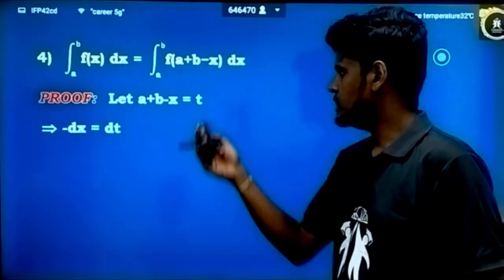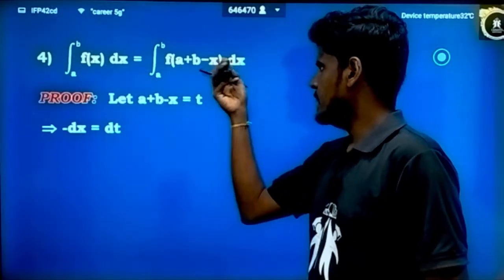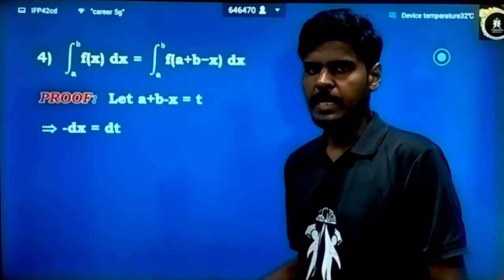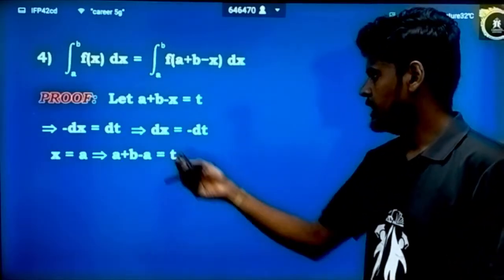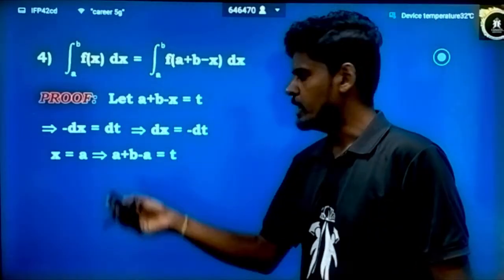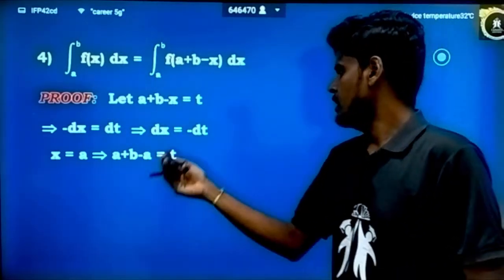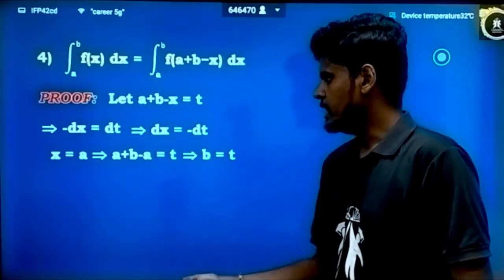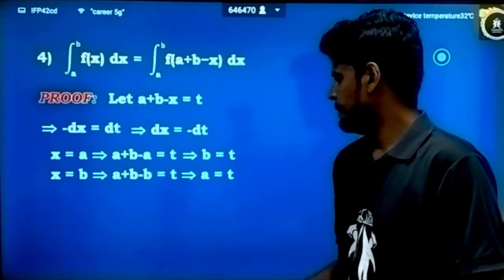Let a plus b minus x be equal to t. So minus dx will be minus dt. Sorry, minus dx will be dt, or dx equal to minus dt. Now when x is equal to a and b, what are the values of t? t will become, a will get cancelled here, t equal to b. For the second case, t equal to a.